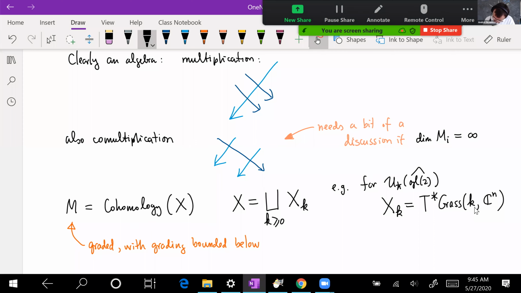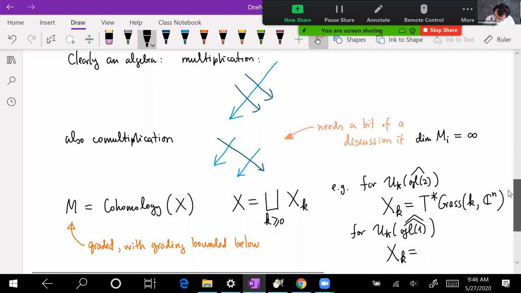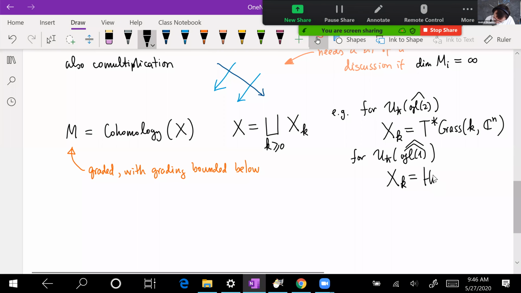There's nothing left. Or if we're talking about the quantum version of GL1 hat and then another hat, an example of a space X_K could be the Hilbert scheme of k points in C2.